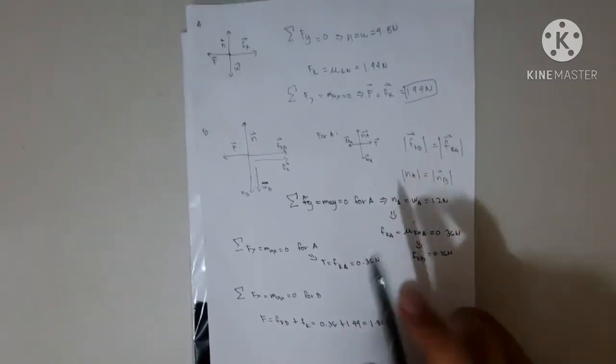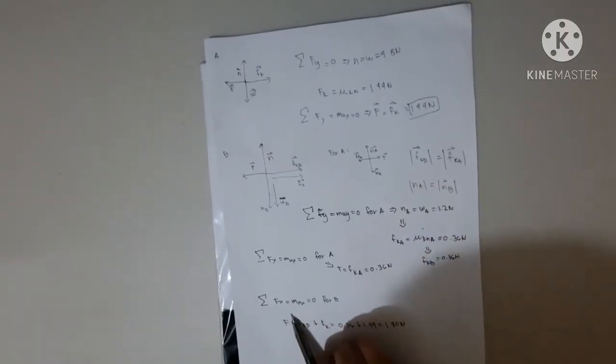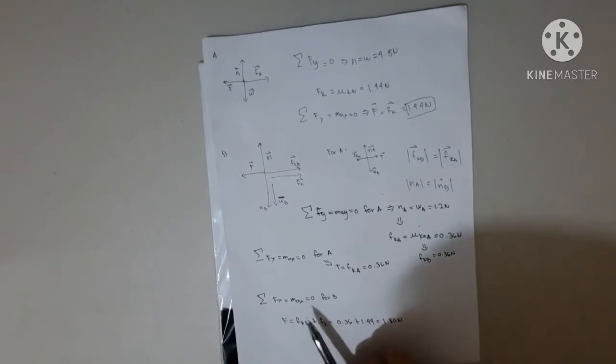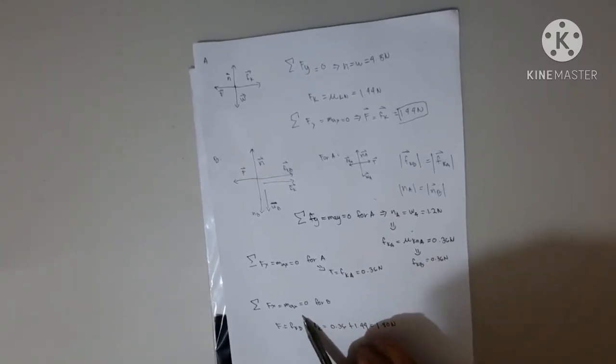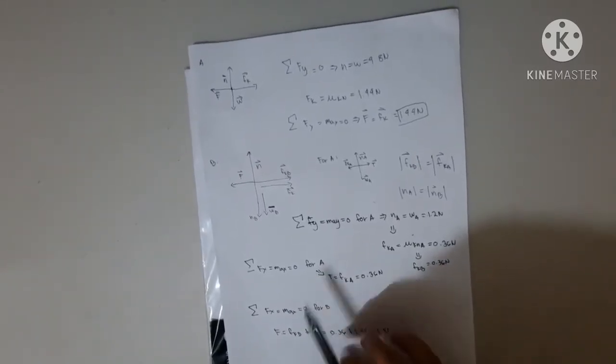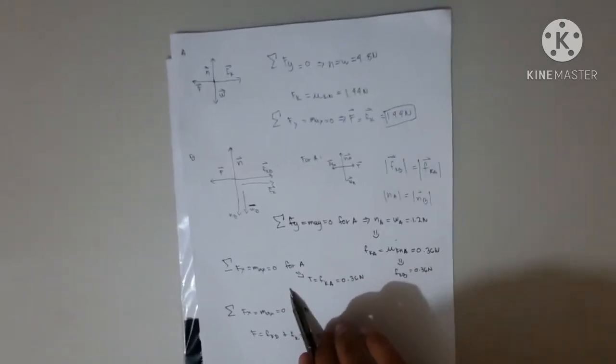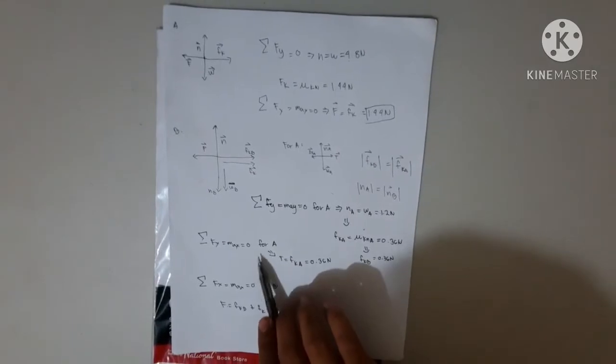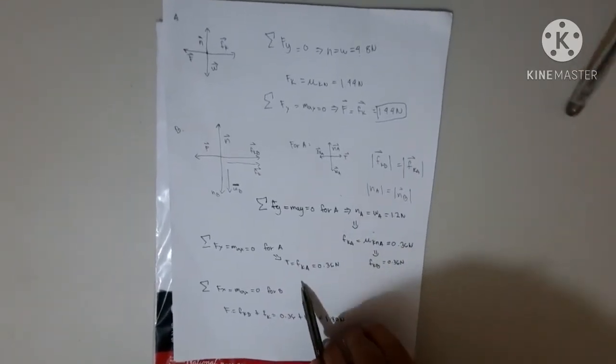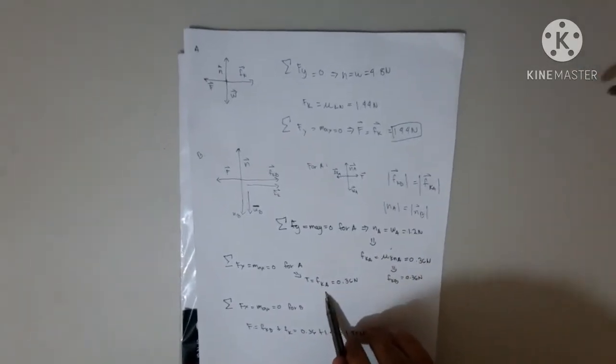Now, moving on, Newton's second law in the x direction for A gives the tension equal to FKA.